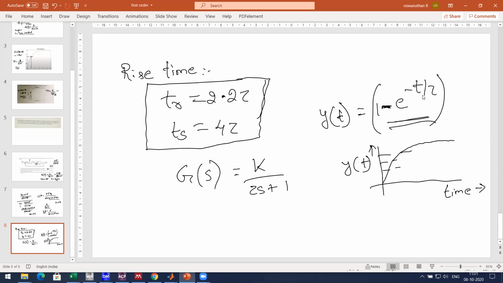Okay, that is what we said, that the time constant means 0.632 times the total value. So when time is equal to the time constant, that is, when t is equal to tau, y of t will be equal to 0.632 times the final value.